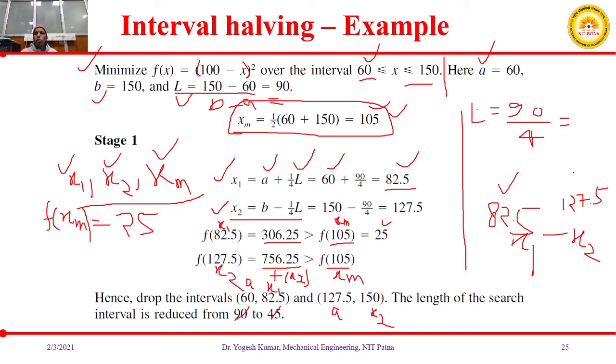So we have a new interval now. This will now become a, and this will now become b, and your xm is already known, because the mean of these two will be 105 again, since this is the mean of x1 and x2 also.